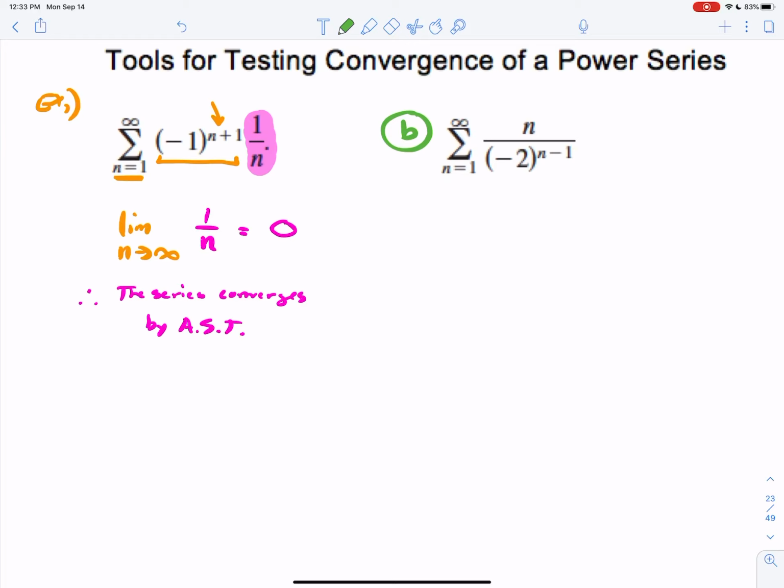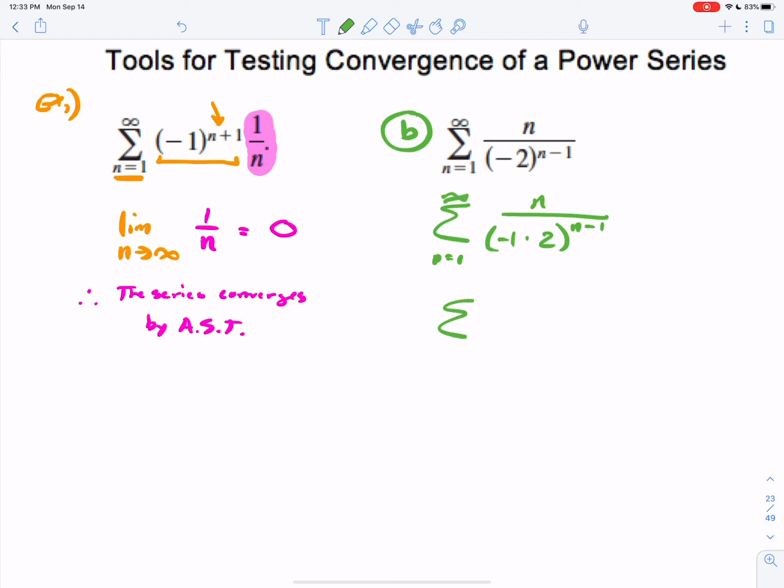Now, it's not too obvious that this is an alternating piece or alternating series, so let me show you here. This is the same thing as n over negative 1 times 2 quantity to the n minus 1. So sometimes, as you've seen in previous problems, you got to rewrite it, okay?